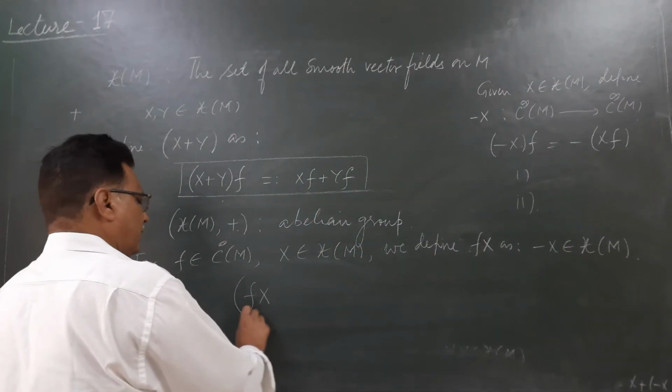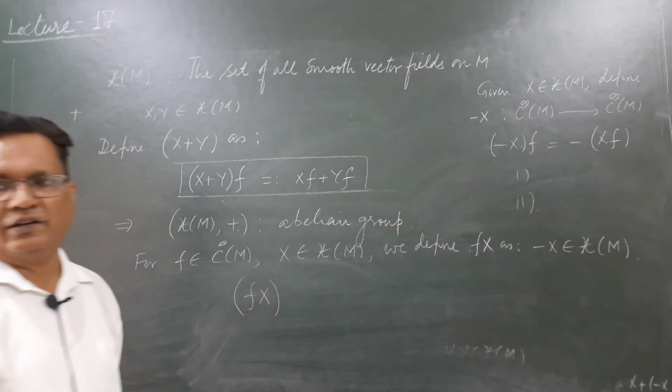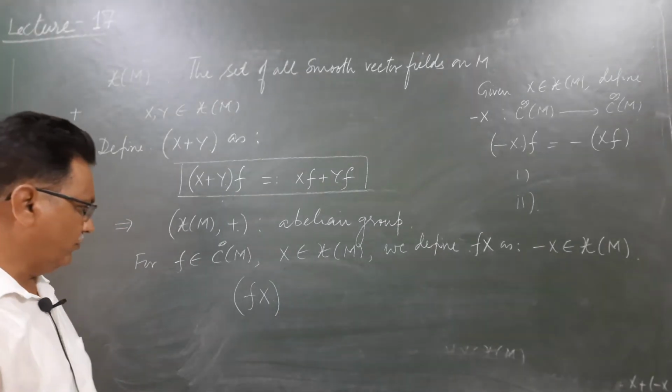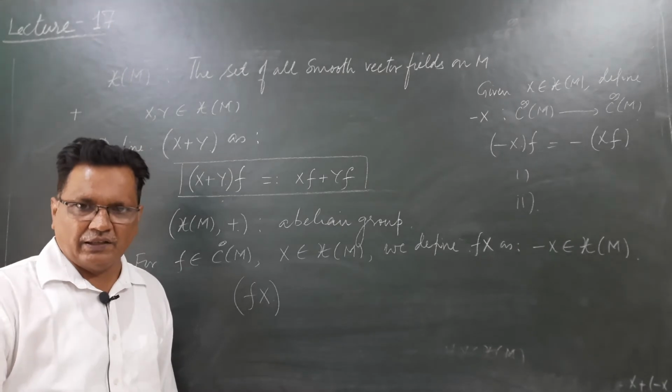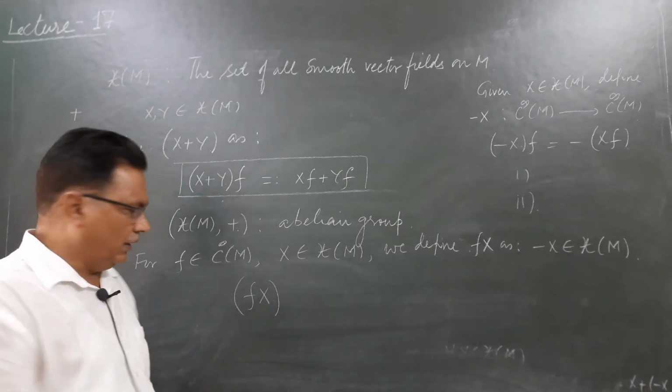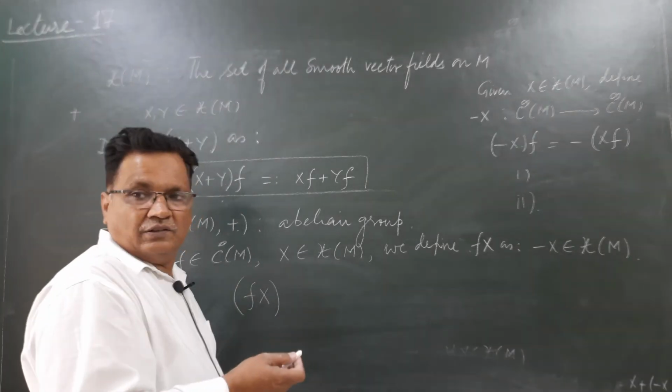ठीक है. अब fx को मैं वेक्टर फील्ड मानना चाहता हूँ. अगर x वेक्टर फील्ड है, f कोई फंक्शन है, then fx is a vector field. So it must operate on functions.